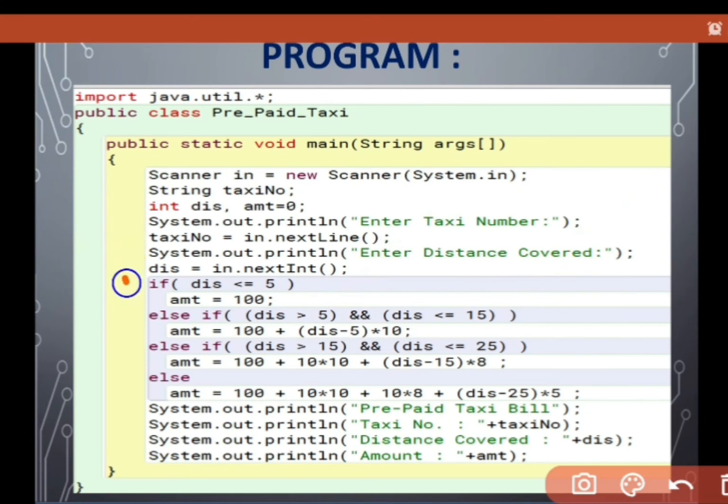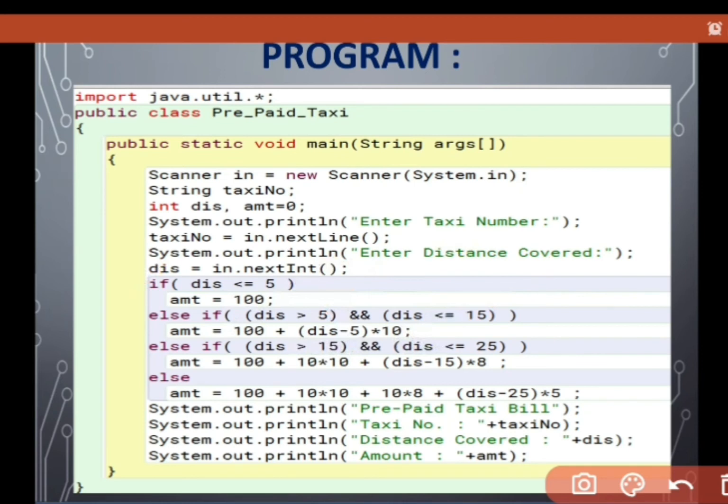If the distance is up to 5 kilometers, I'm writing amount 100 rupees. If it is more than 5 but less than 15, meaning 10 kilometers more, then 100 rupees I have to pay with distance minus 5 into 10 rupees per kilometer.